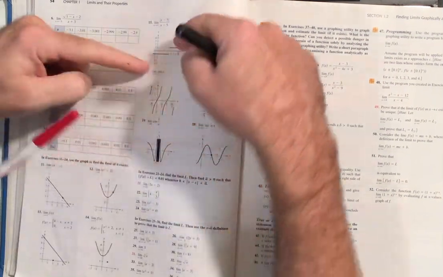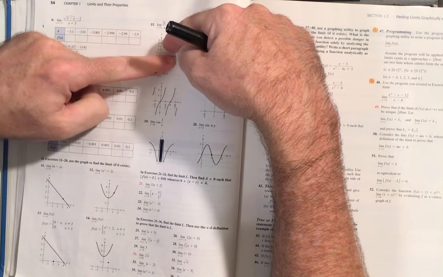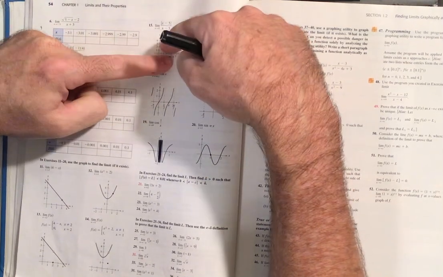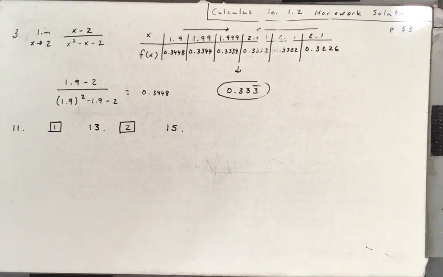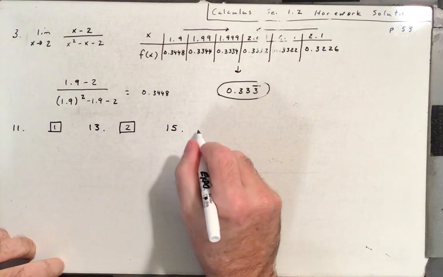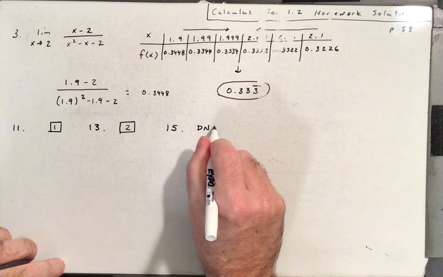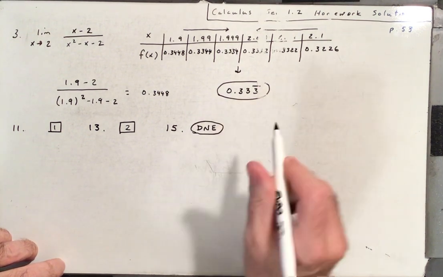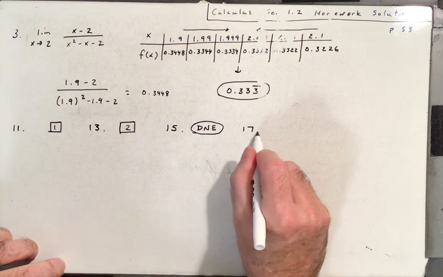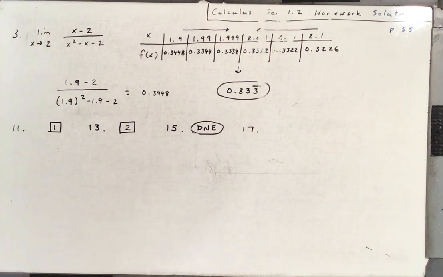So our hands do not come together, do they? Our fingers don't touch. So this limit does not exist. Now there's a way to get an answer from the left and from the right, but that's for a future section. Right now you just have to say it doesn't exist.